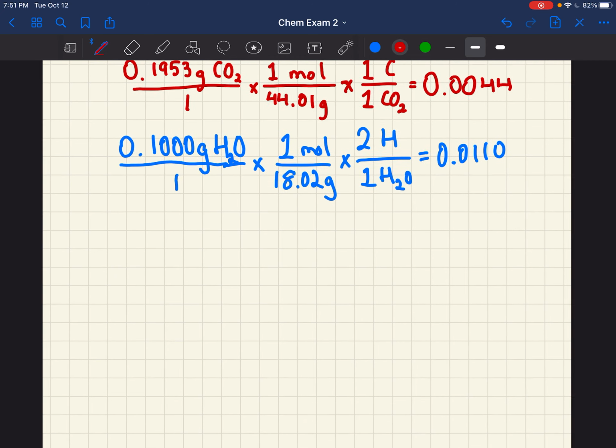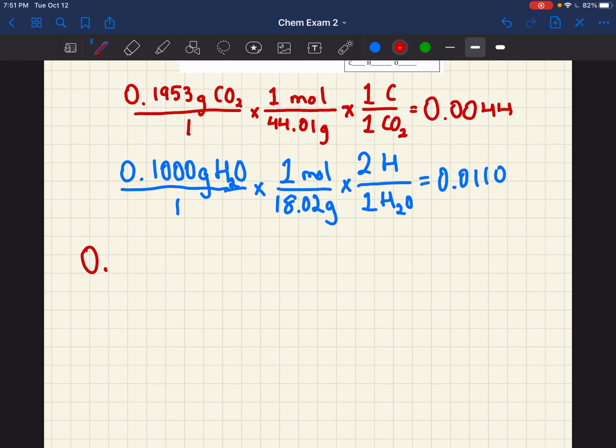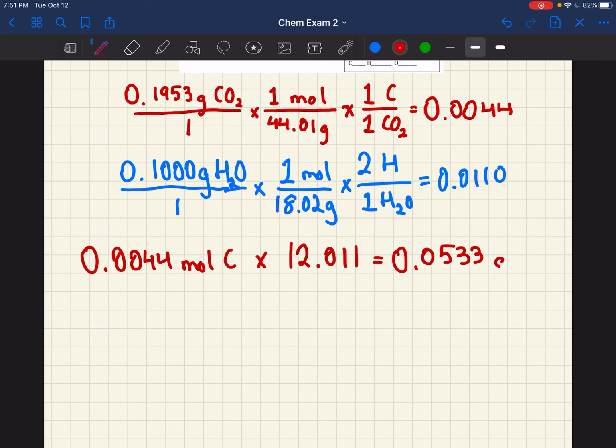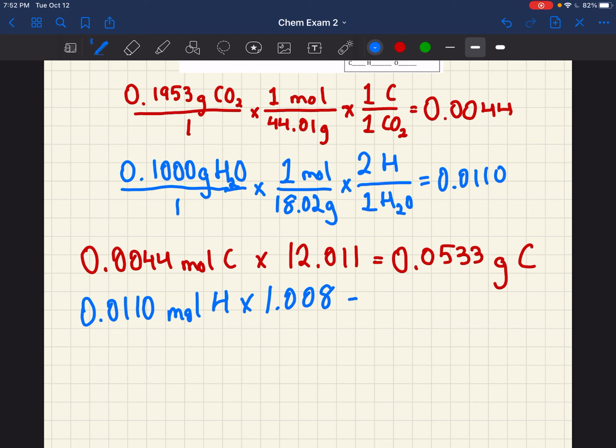You'll take the 0.0044 mole of C, and you'll multiply that by the molar mass of carbon, and you'll get about 0.0533 grams of carbon. Now with hydrogen, you'll take that 0.0110 mole of H, and you'll multiply that by 1.008, and you'll get something like this.